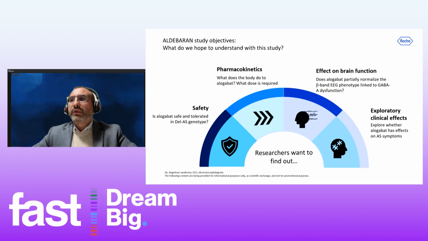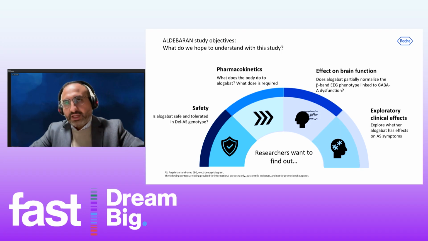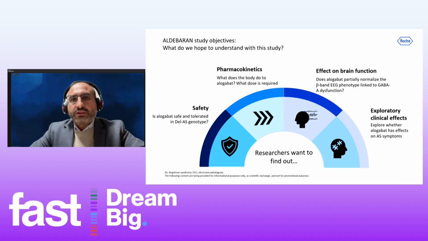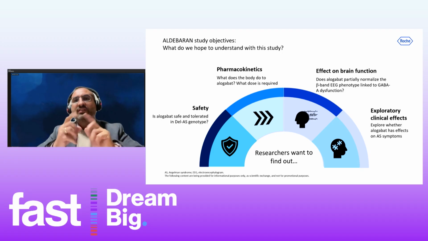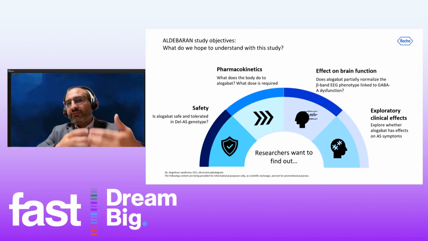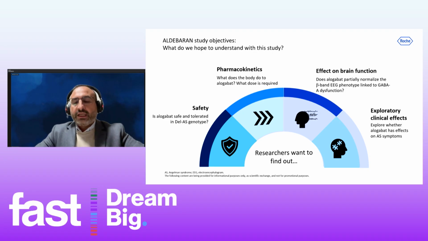The Aldebaran study is a phase 2 study. What we would like to understand from this study: first, safety. Yes, it was investigated before in healthy volunteers and in autism spectrum patients, but it is also important to understand its safety and tolerability in deletion Angelman patients. Second, pharmacokinetics, and this means what does the body do to Alogabat and what is the dose required.